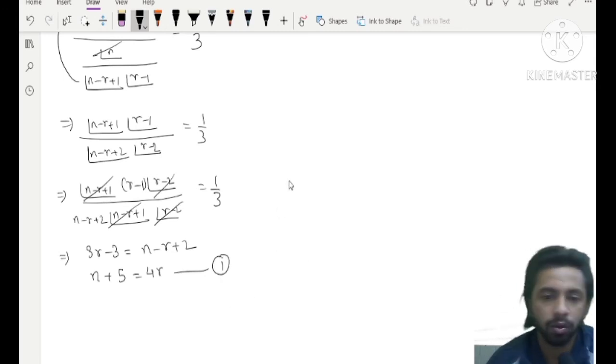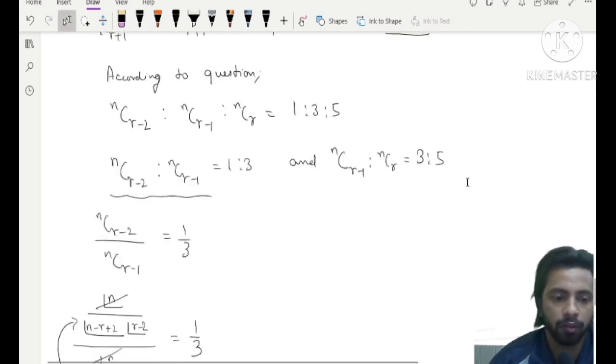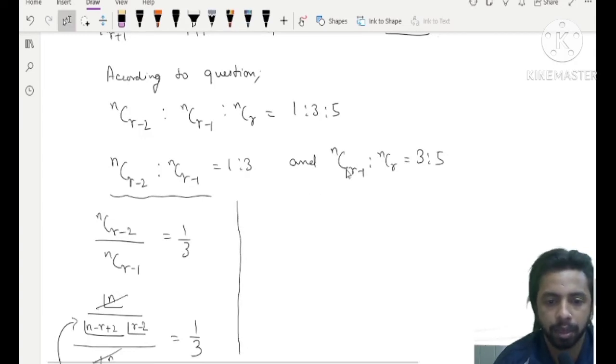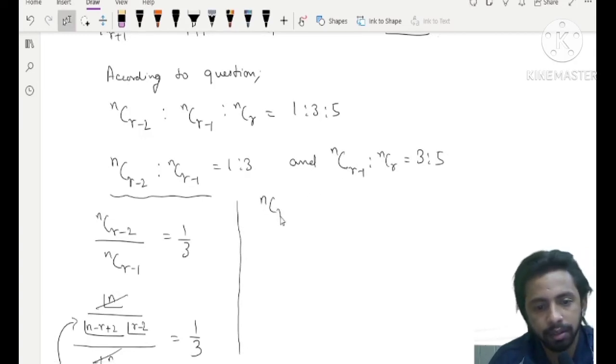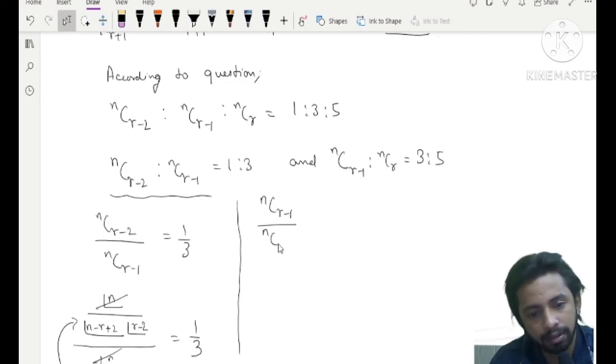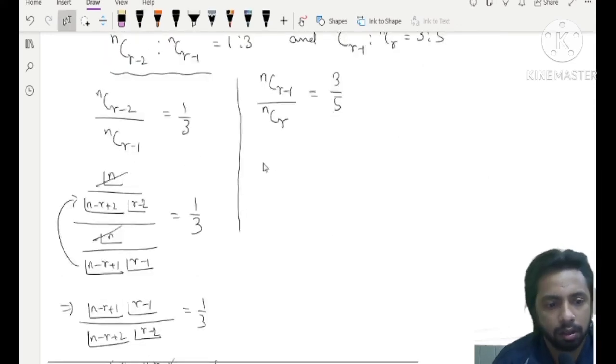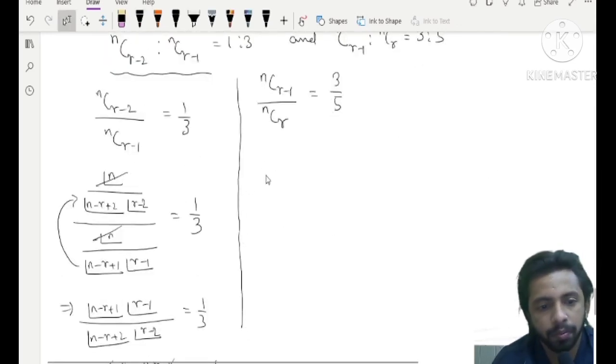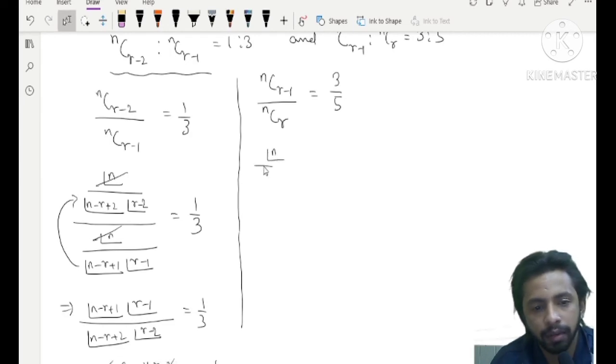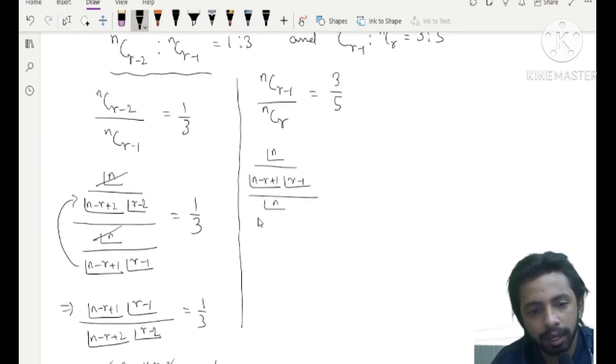Now we'll solve ncr minus 1 by ncr. This is given to be 3 by 5. So this becomes factorial n by factorial n minus r plus 1 factorial r minus 1, by factorial n by factorial n minus r factorial r.